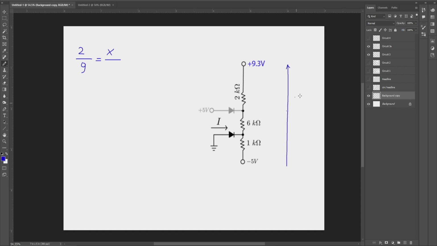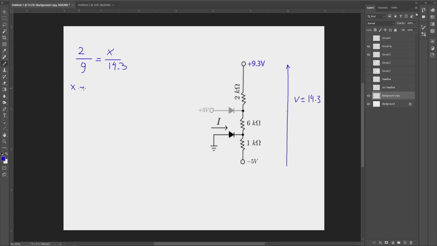From here to here, voltage equals 9.3 plus 5, the whole total voltage difference. So this voltage is 14.3, right? So 14.3, that's where it comes from. So what's the voltage drop equal to?